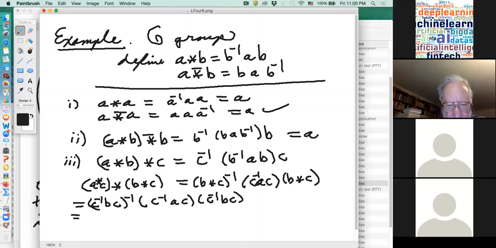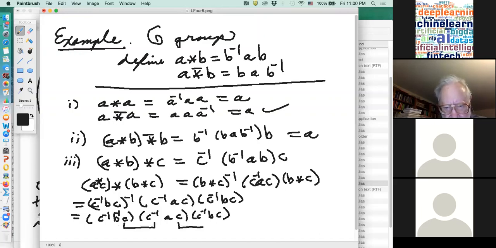And working out that inverse, I got C inverse BC, right? I write it in the opposite order with the inverses. C inverse B inverse C, C inverse AC, C inverse BC. And now these inverses will kill each other off, and these inverses will kill each other off.